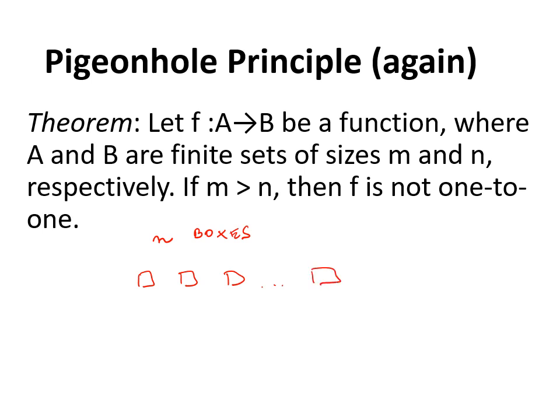And now we are distributing m elements of the domain into these n boxes. Given that m is greater than n, there will be at least one box that has more than one element. And because of that, f is not one-to-one.